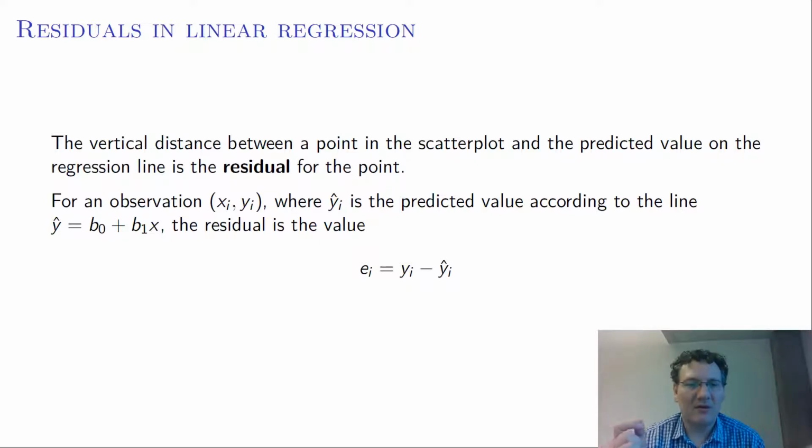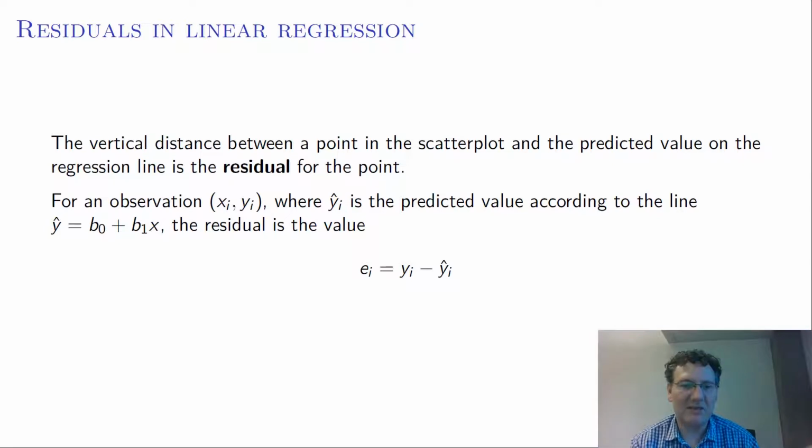Now, this estimate is not going to be exactly the same as what we've observed. For example, you do some regression analysis and come up with an estimate for b0 and b1, so you fit a line to the data. Then for every particular pair x, y in your data set, you can see what the predicted value of y would have been for that predictor value x.